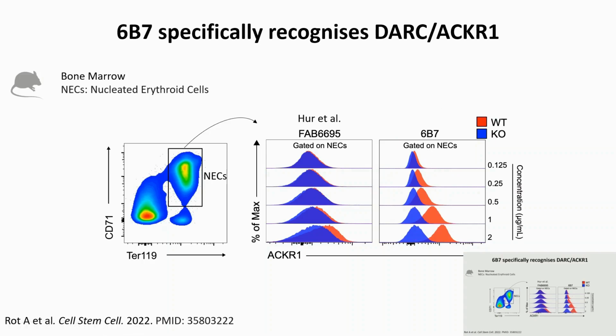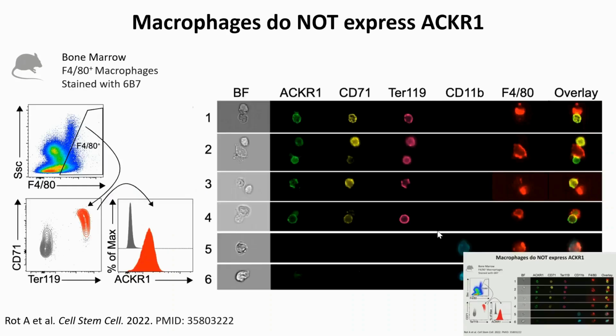For the next experiment, we used this antibody because it is a validated one. And we asked the question: do macrophages express ACKR1? Because that was one of the main messages from Hu et al. Again, by flow cytometry in the bone marrow, you can identify macrophages, which express F4/80.